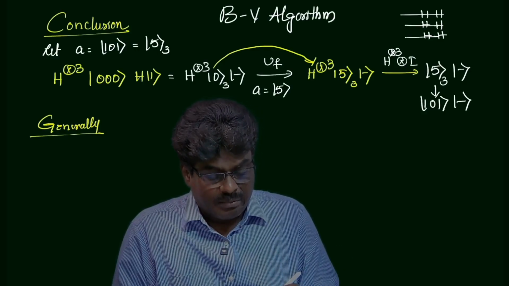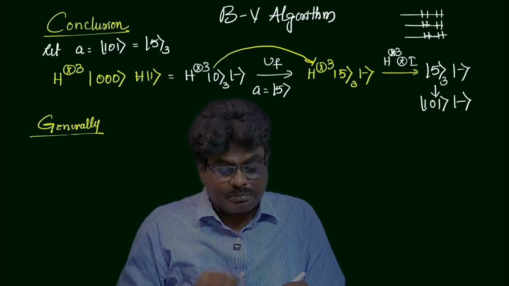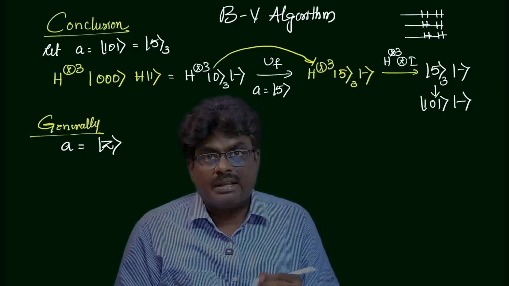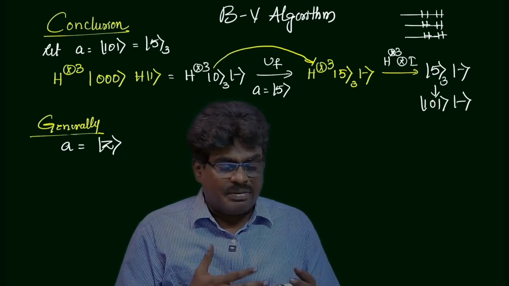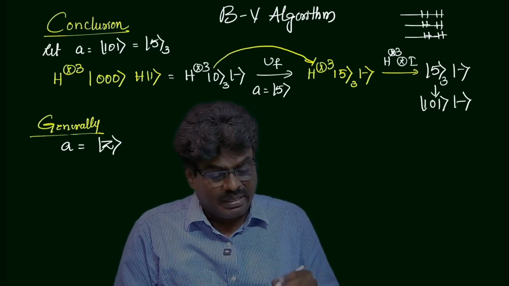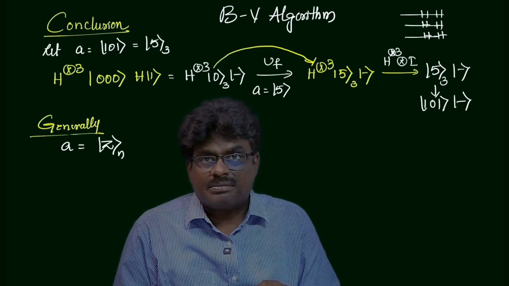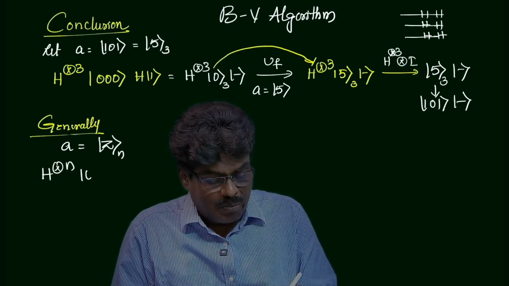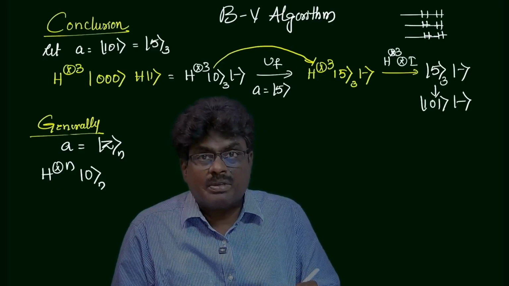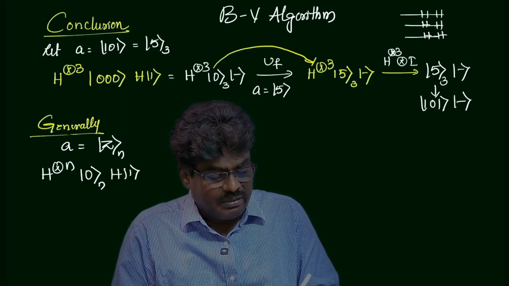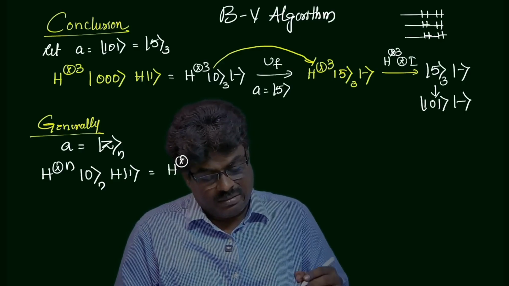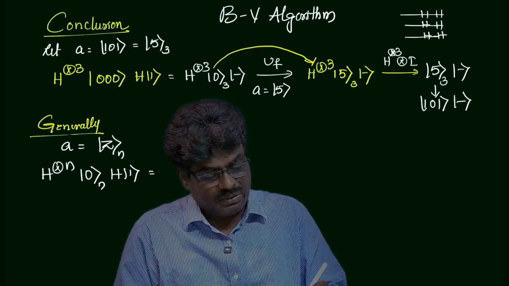So here I am assuming a equal to some Z, the hidden variable, 7, 6 or something, whatever it is. So n qubit string. So then it is H tensor n operates on 0, this is n qubit string, and H1, okay, this is nothing but H tensor, the same thing, no issue.